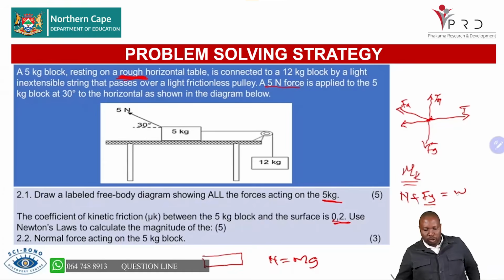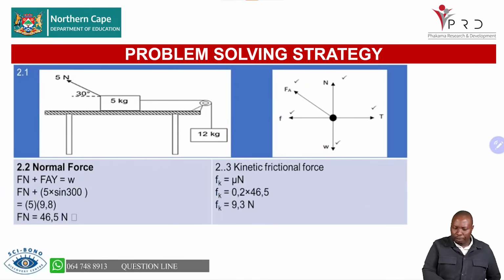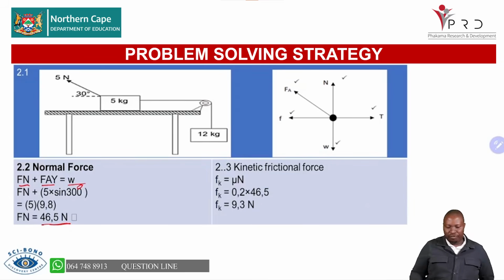Without wasting time, you can say the normal force plus the component equals the weight, and this is 30 degrees. So if we say our 5 and that 9,8, we are able to get our normal force of 46,5 newtons.